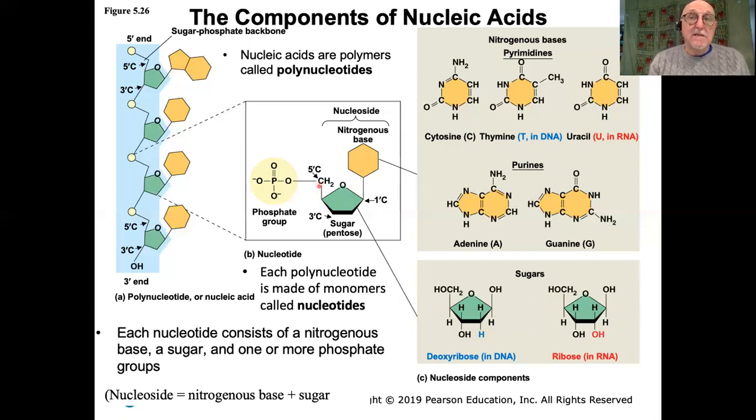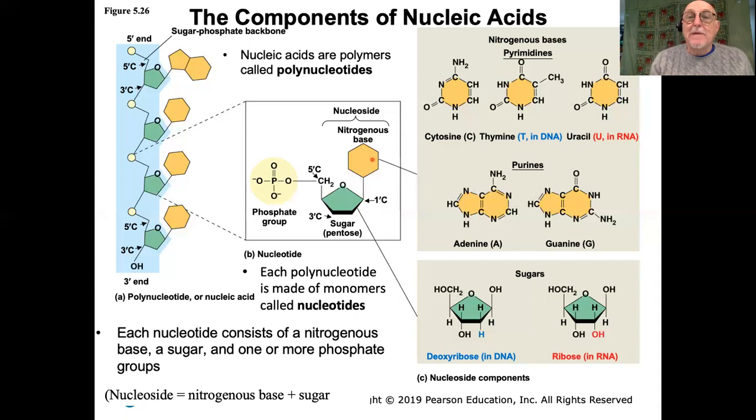What happens at these different carbons is intimately tied to the structure and function of DNA, of the nucleic acid, whatever nucleic acid we're talking about. So here's the 1' carbon. At the 1' carbon, that is where this nitrogenous base is attached.